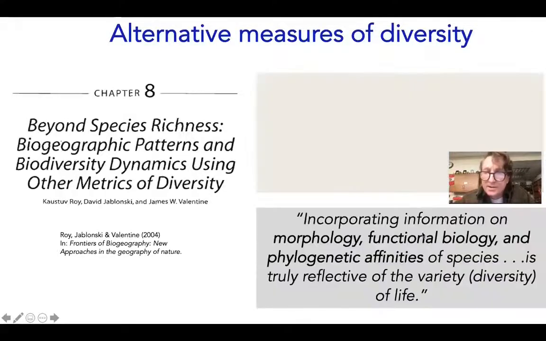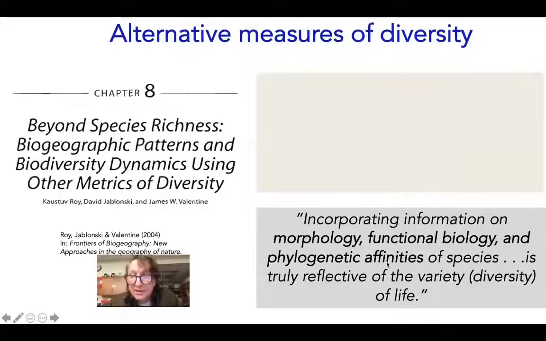And the point that is emphasized here is that if you incorporate additional information about species diversity, such as the diversity of morphologies, the diversity of functions, and even phylogenetic affinities of species, that's more of a true and more of a reflective way of looking at the diversity of life.